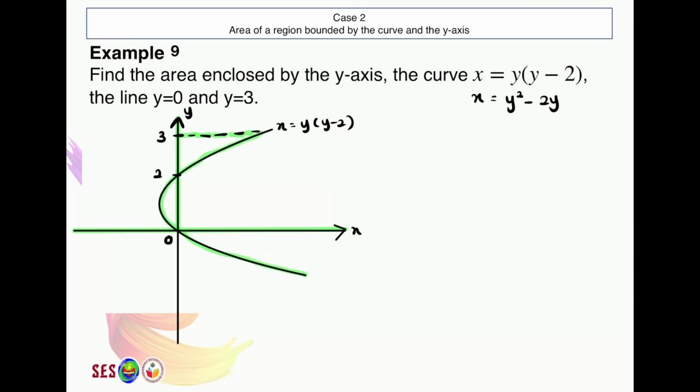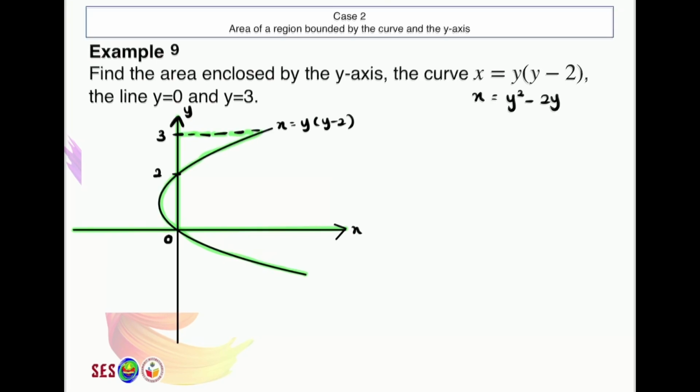If you look at the graph, the two areas which have their borders highlighted are this one and also this one. So these two areas are enclosed by the y-axis, the curve, and the lines y equals 0 and y equals 3. These two areas are the areas that we want to find.